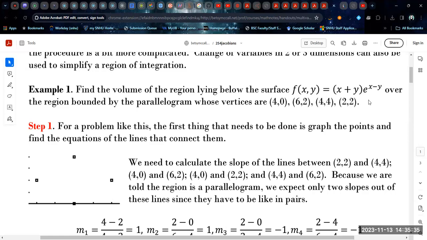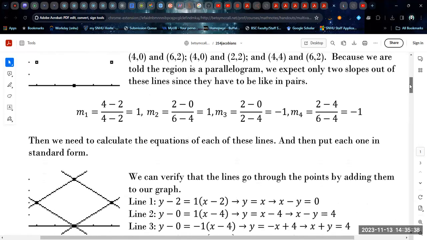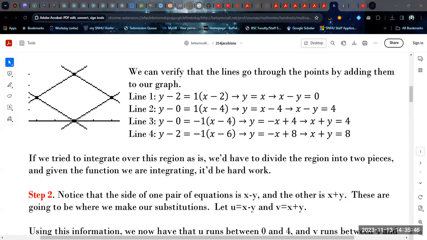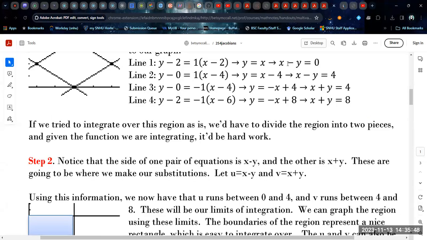So this function and this region go together. And so that can give us information about how we want to do our substitutions. So once we have determined that we have two equations that are the same in x and y but differ by a constant, we're going to be able to make our substitutions. So x minus y is going to be u, and then x plus y is going to be v.